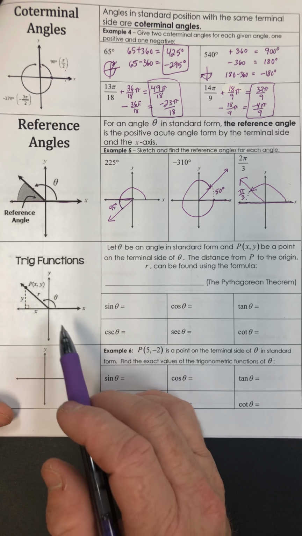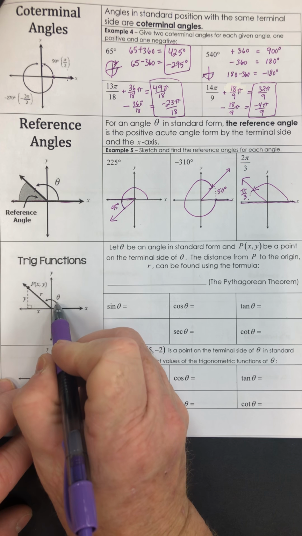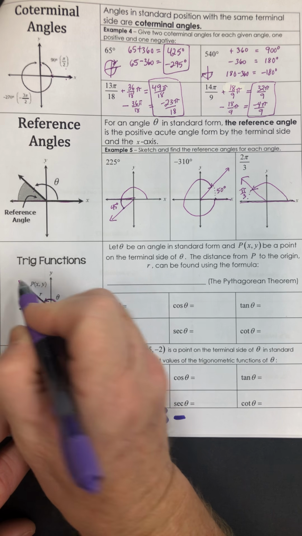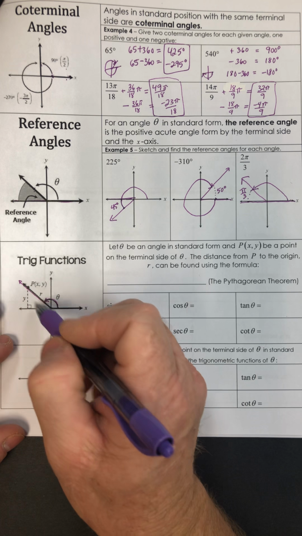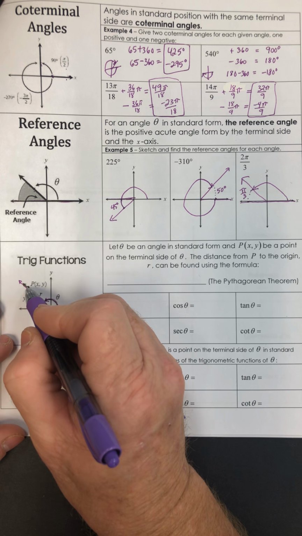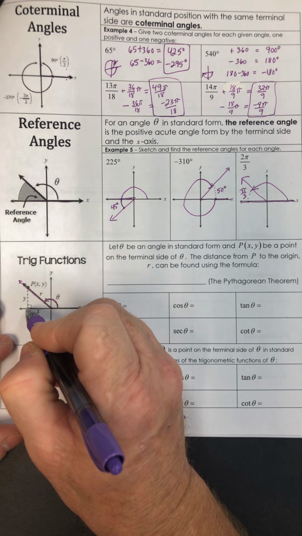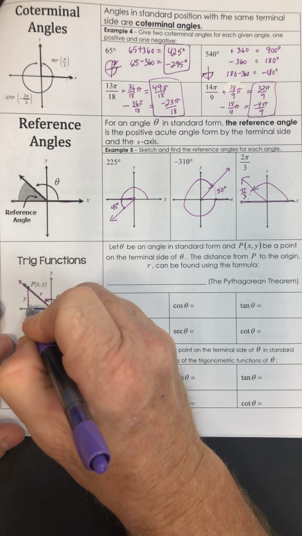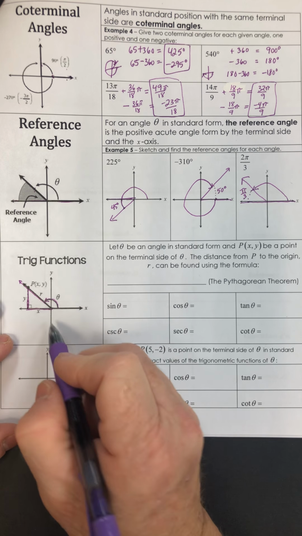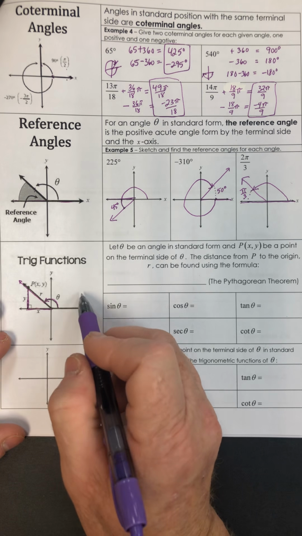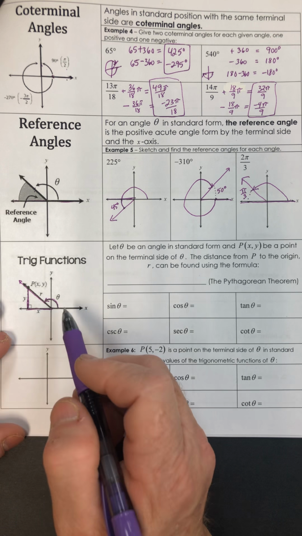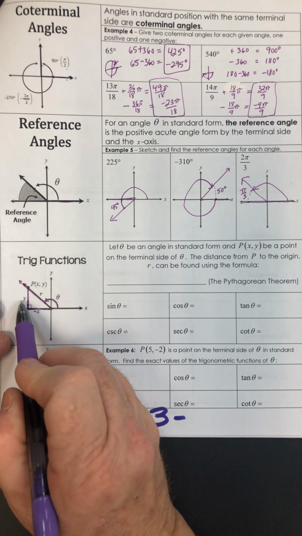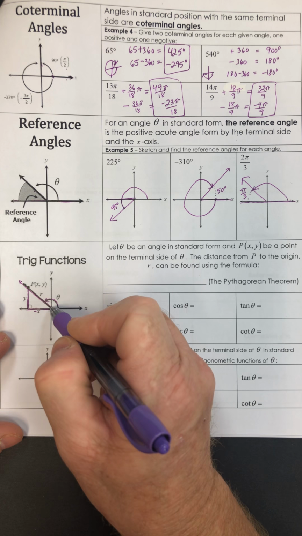If I start here and go to the terminal side, and from that terminal side I drop down to the x-axis, I've created a right triangle. Depending upon the quadrant will depend upon whether these x's and y's are negative or positive. So this would actually be negative x and positive y. So this is the radius.